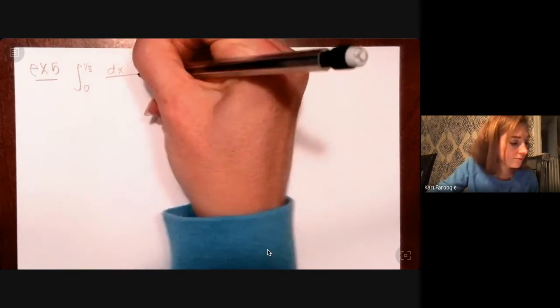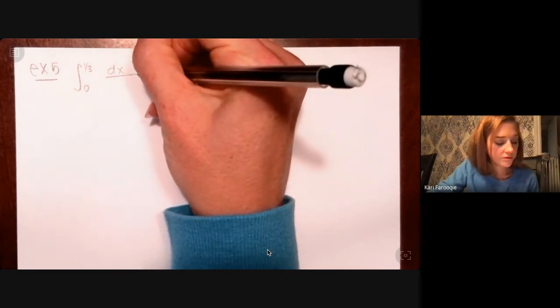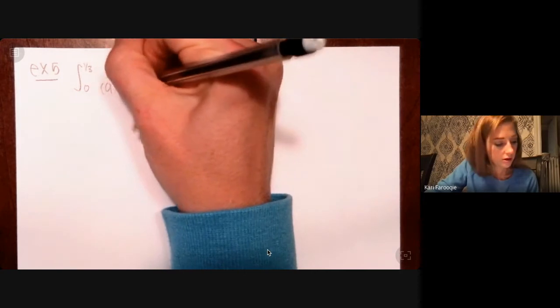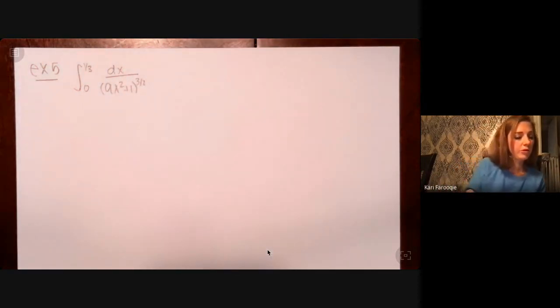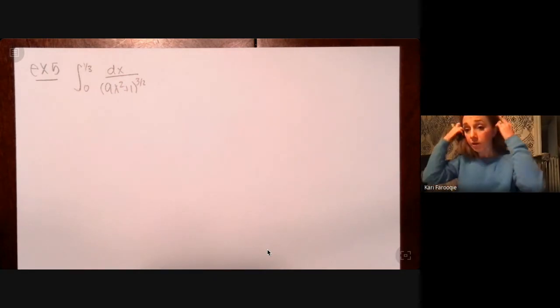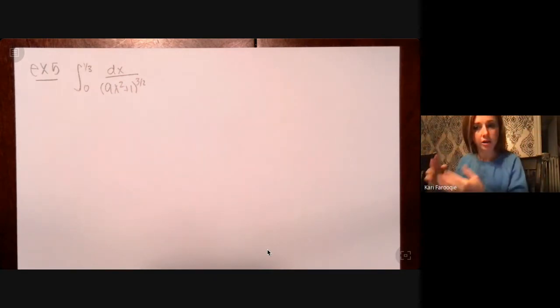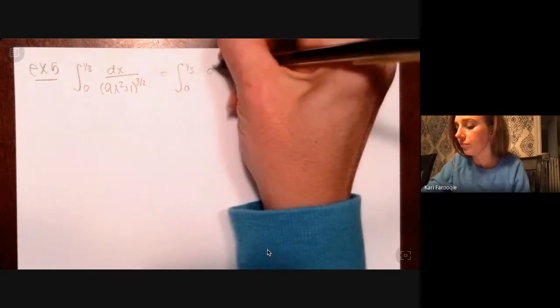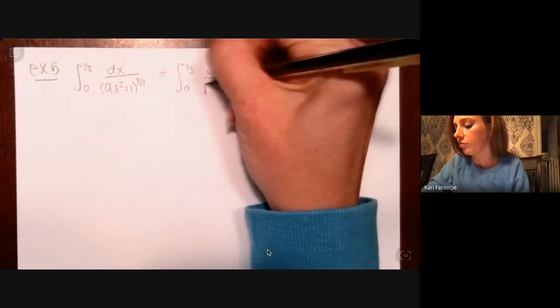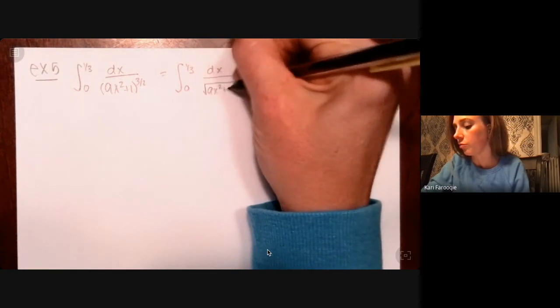So that's what we're doing: the integral from 0 to 1/3 of dx over (9x squared plus 1) to the 3/2 power. We already did one that looked kind of like this, and we talked about rewriting this as the square root of 9x squared plus 1, and then cubing it.